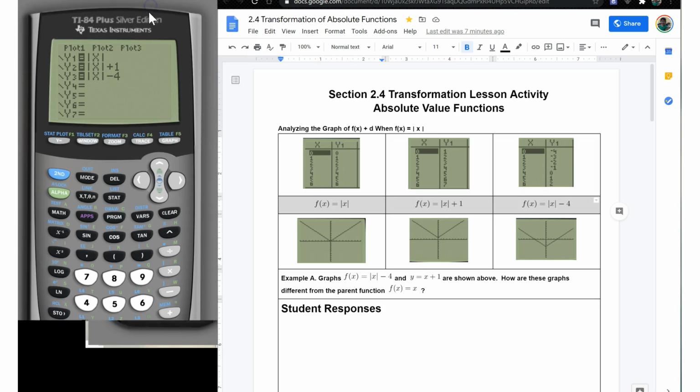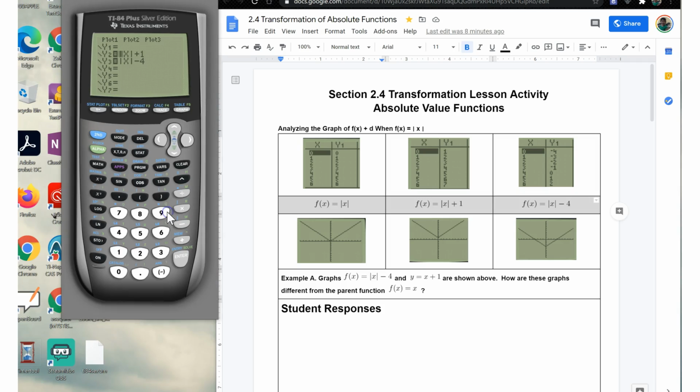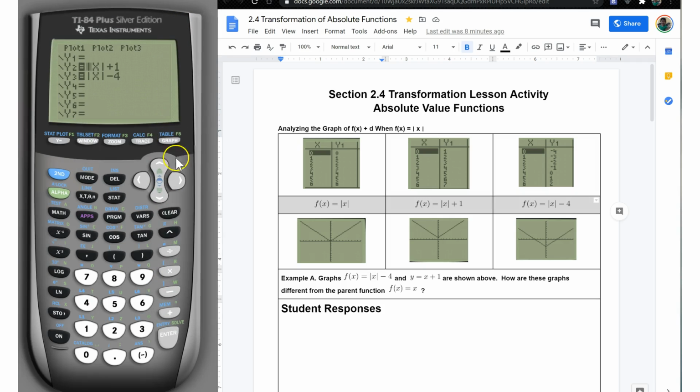Okay, so go ahead and go to y equals. And if you have equations, you might want to erase them. And then go ahead and write down or type in your absolute value equation. So you have math, number, absolute value of x.